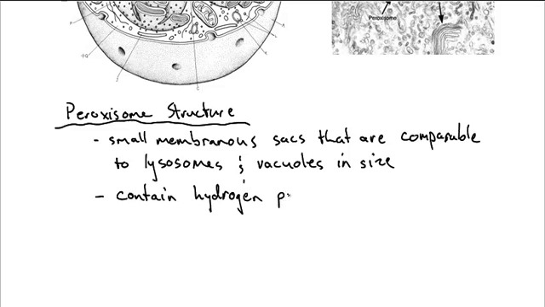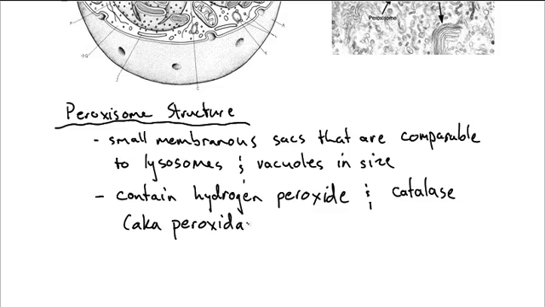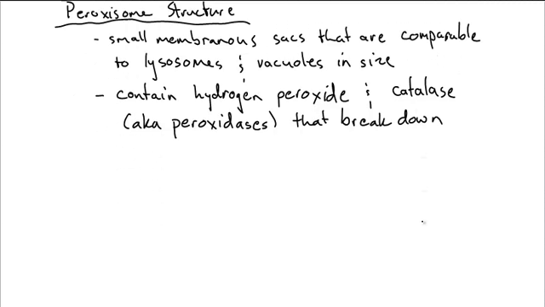Yes, we are talking about that stuff that typically comes in a little brown bottle and some of you put on your infections. Not a good plan, by the way, because it kills your cells, not just the bacteria infection. And catalases, which are also known, aka peroxidases, that break down hydrogen peroxide.